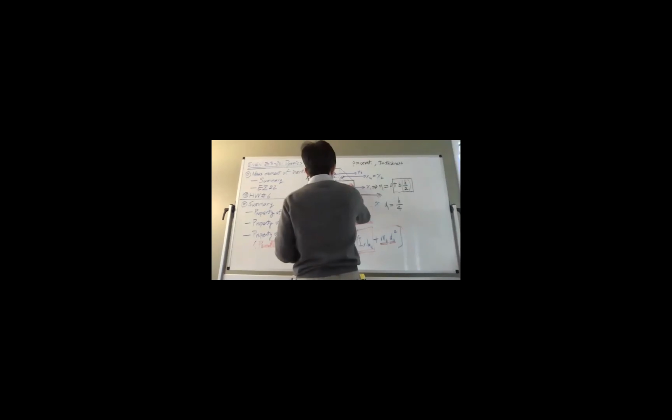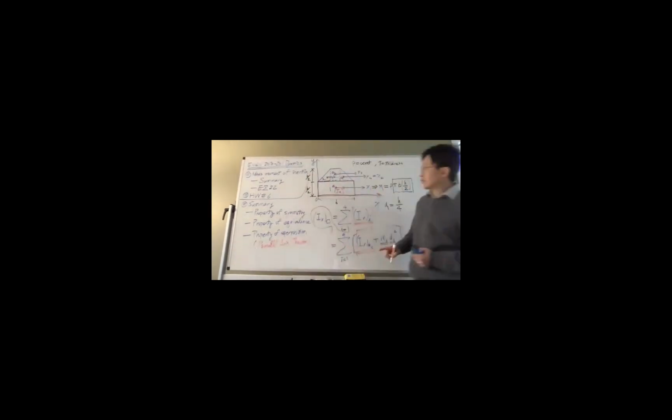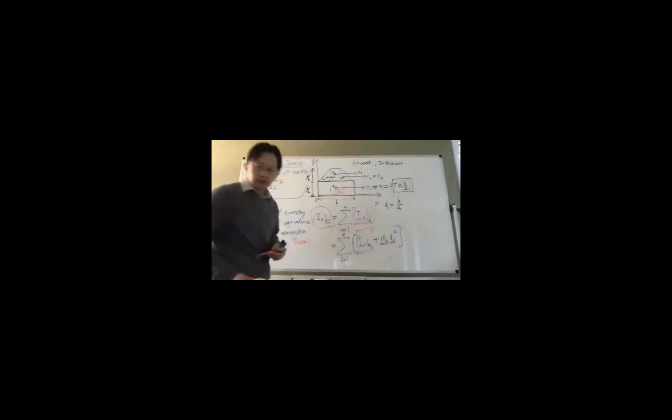So you always use what we get from the mass moment of inertia at the center of gravity, which is Ig1 for the first, and then you put them together one by one. All right? Now, next property.